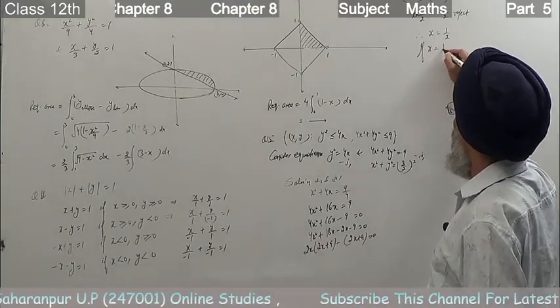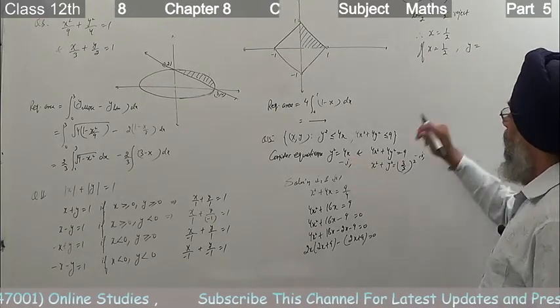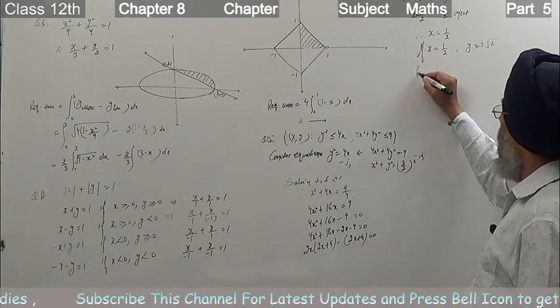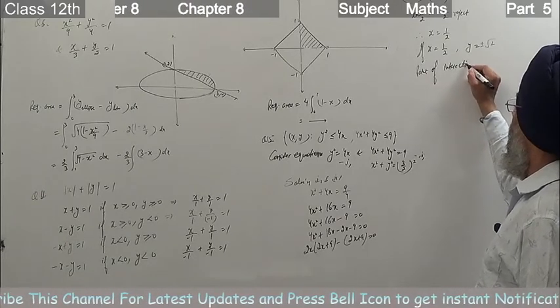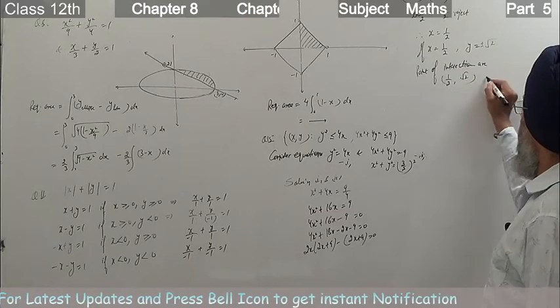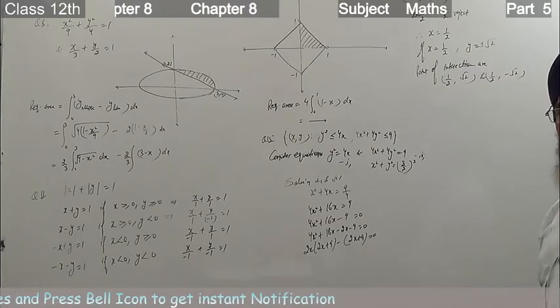If x is half, y is equal to plus or minus root 2. So the points of intersection are (half, root 2) and (half, minus root 2). We have to sketch a graph for it.